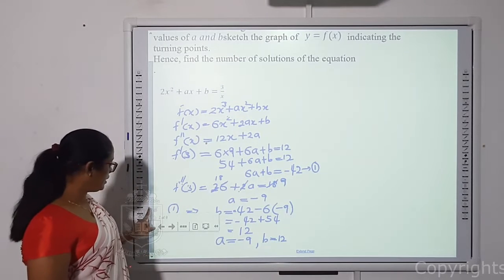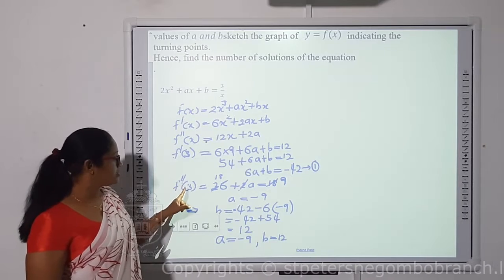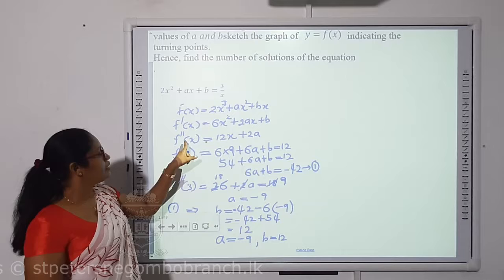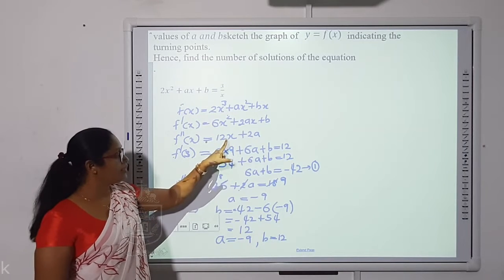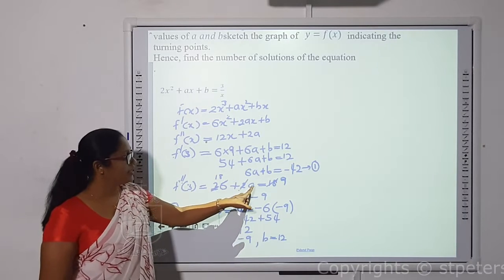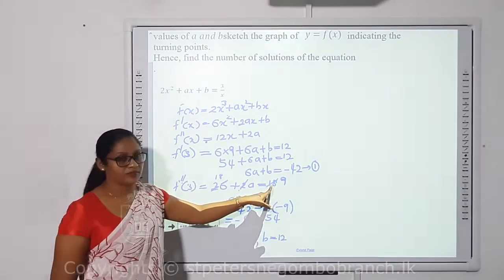And to build the second equation, I used the second derivative, f double dash 3. Using the second derivative function, I put 3, right? 12 times 3, that means 36, plus 2a. The answer of this value should be 18 as per the information, right?